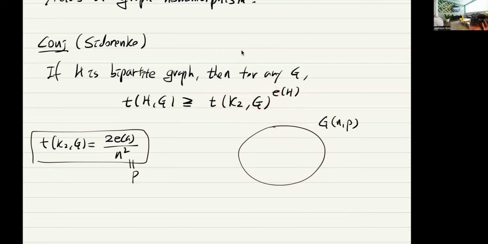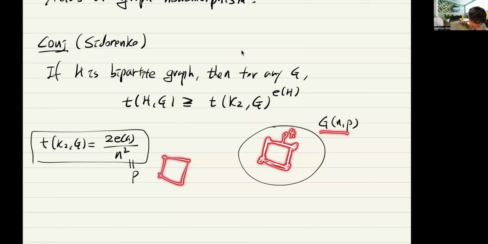And here you also compute the expected number of homomorphic copies of H. Because this is a random graph, you can actually compute it, and this is the number that you get. Simply, you have, say, H here, and the probability that this edge is there, this edge is there, this edge is there, in this random graph is p to the 4.